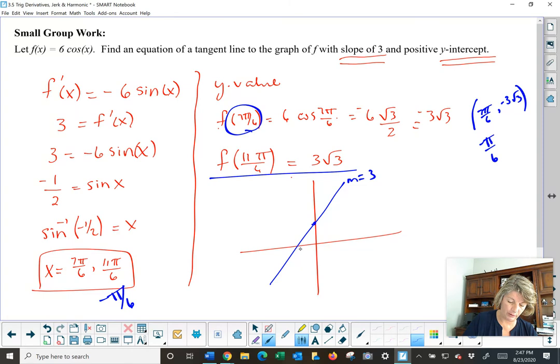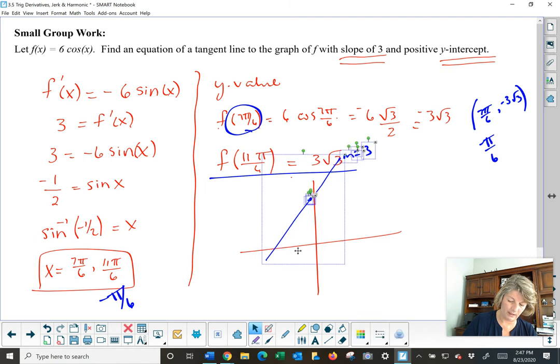And if I had plotted negative pi over 6 and some other value, root 3 over 3, maybe I'm up in here, and then that would have a y-intercept that is positive. I was getting confused because I was thinking it was going to be a small intercept, but I just randomly drew that line. So we are good there.